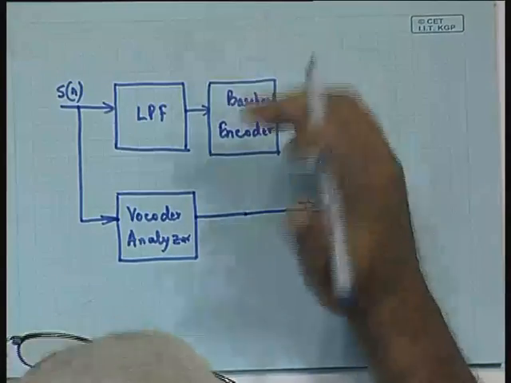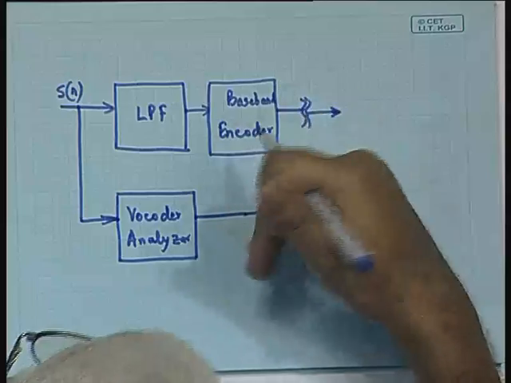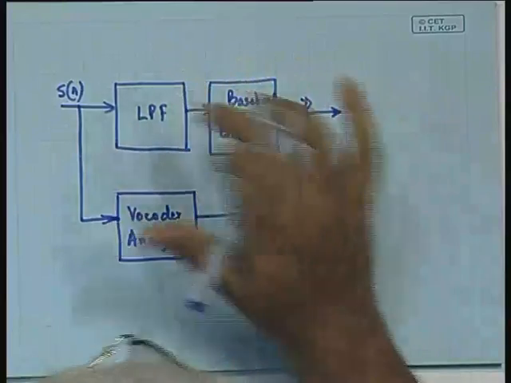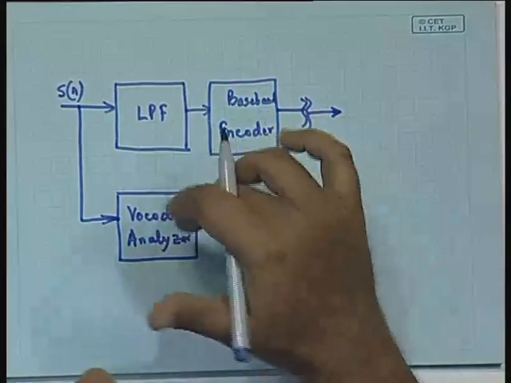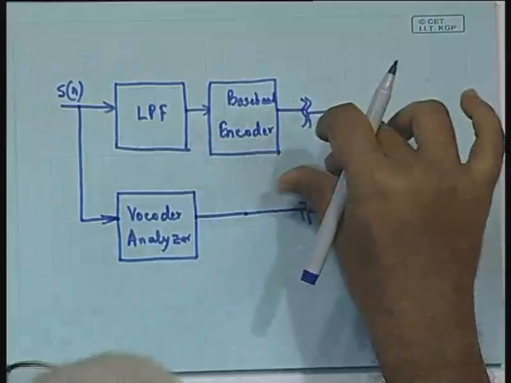So there are two independent things going into the channel. One is the encoded low pass filtered signal, and the other is all the vocoder parameters that have been extracted.